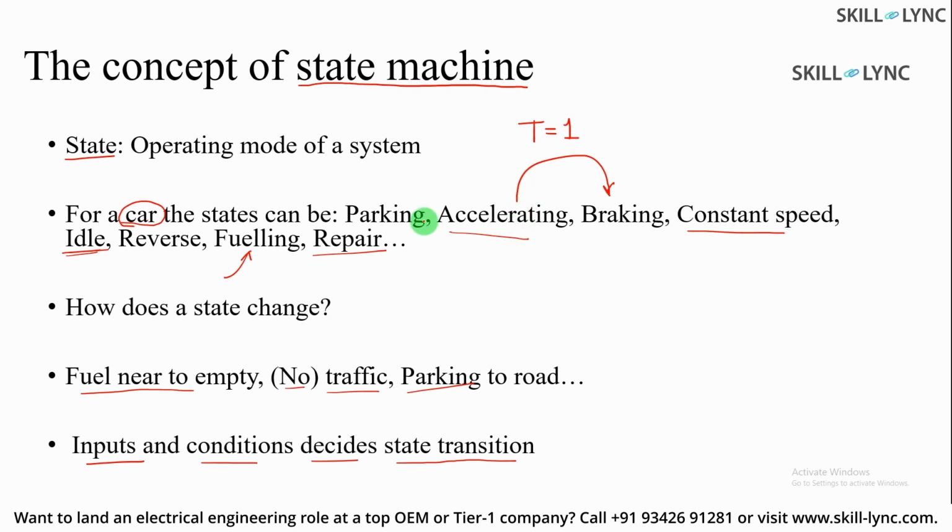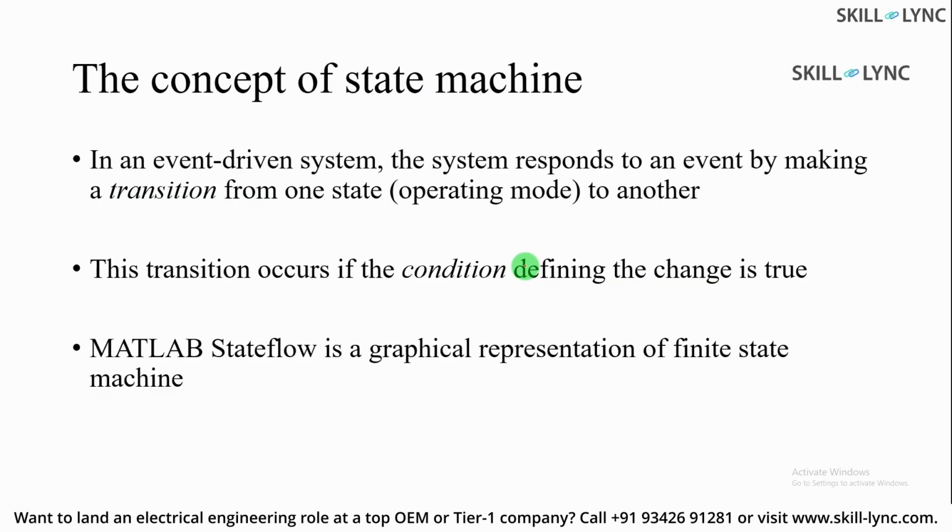So this is one such situation of the state machine and state transition. The state machine and the state transition can help us to make a chart in a MATLAB Simulink Stateflow environment. So what is again a state machine?